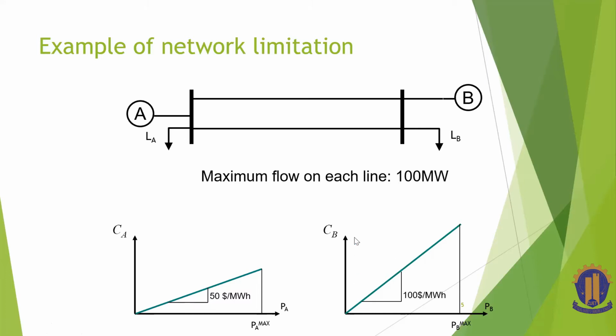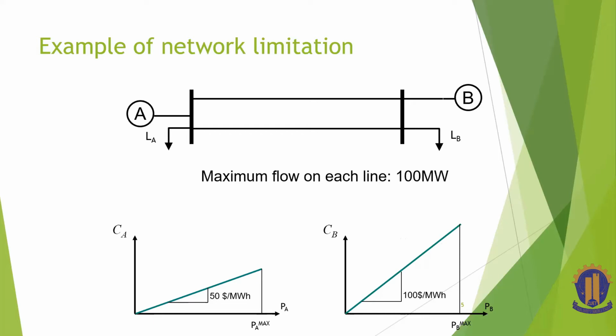Similarly, the generator B cost curve is shown on the bottom right corner. Its fuel cost is $100 per megawatt hour, so for each megawatt it costs $100.